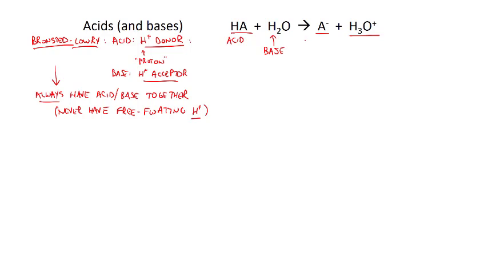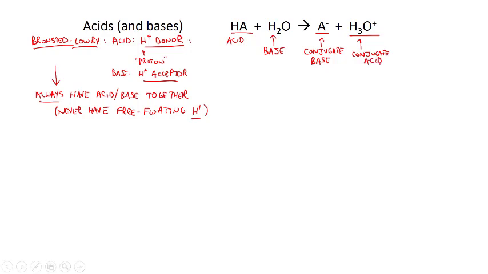Now, after the reaction has taken place, what are we left with? What we're left with is our acid molecule that has lost its proton. So that is now referred to as a conjugate base. And H3O+, which is what is left after our base accepts a proton, that's referred to as the conjugate acid.